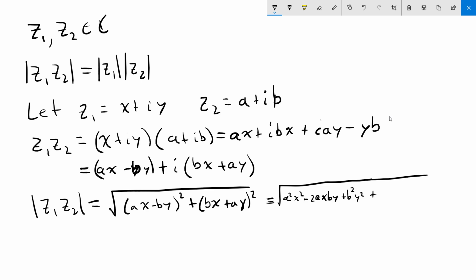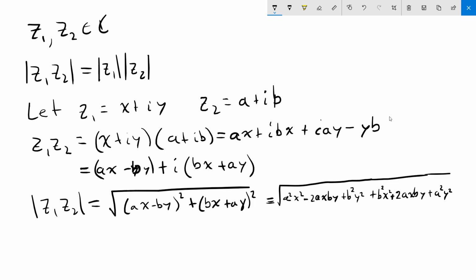We get plus b squared x squared plus 2axby plus a squared y squared.